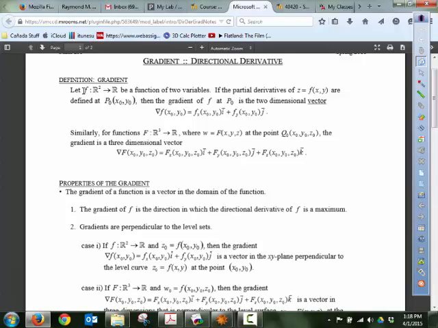we have, I think I did this already. Do it again. We have a function. If you have a function going from R2 to R, then your domain is a two-dimensional domain.